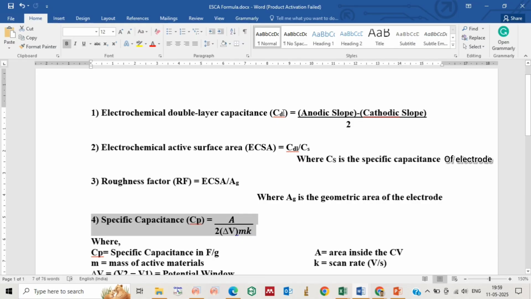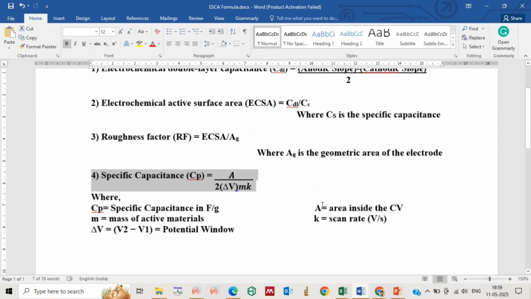So for electrochemical double layer capacitance, its formula is anodic slope minus cathodic slope, and whole divided by 2. And for electrochemically active surface area, it is double layer capacitance divided by specific capacitance. And for roughness factor, it is electrochemically active surface area divided by geometrical area of the electrode.